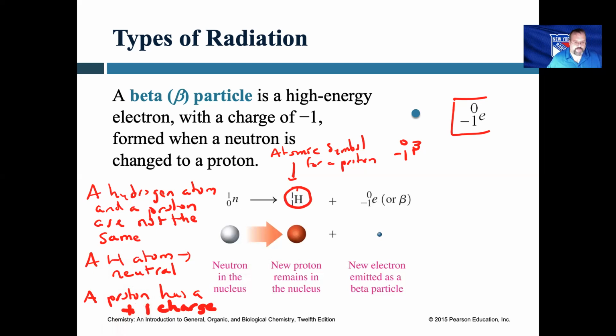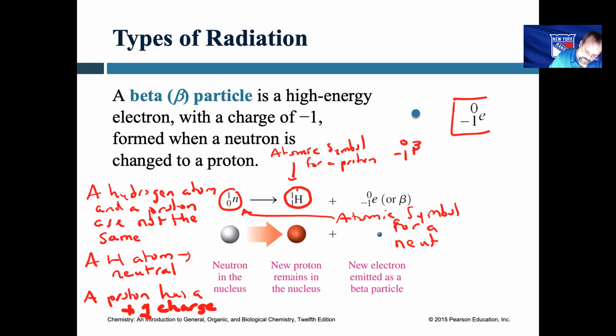So it has a +1 charge associated with it, because there's 1 proton and there's no electrons. While I see it here, one other thing to mention, the 1 0 n is the atomic symbol for a neutron.